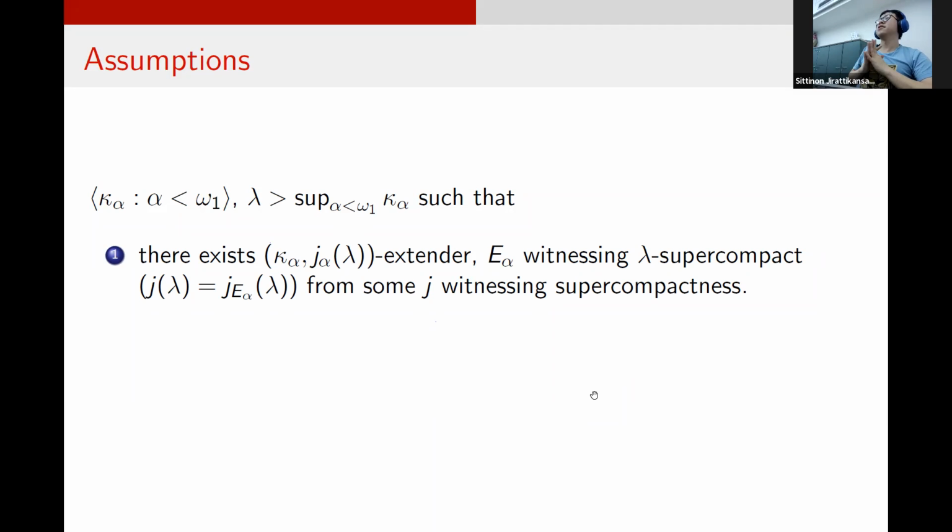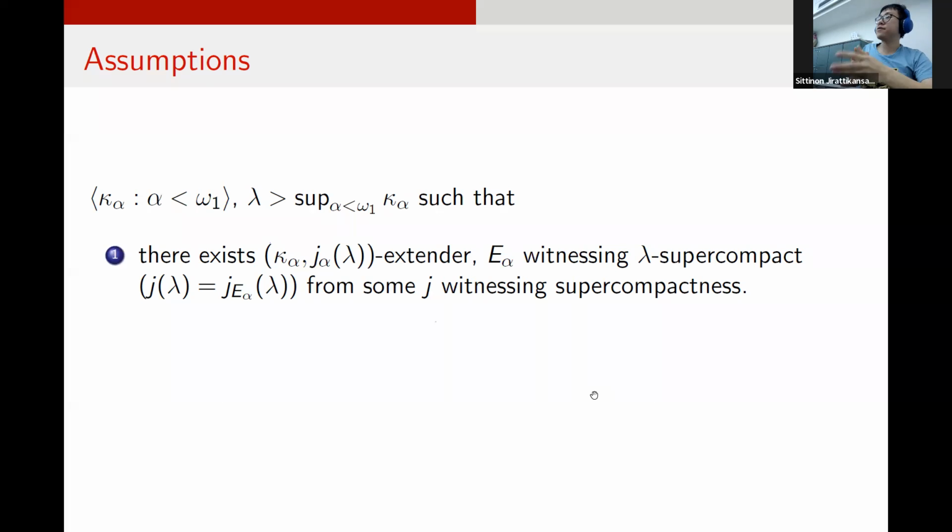such that the first one is for each alpha, that is the extender E alpha on kappa alpha, comma, J alpha lambda, witnessing some lambda supercompactness.